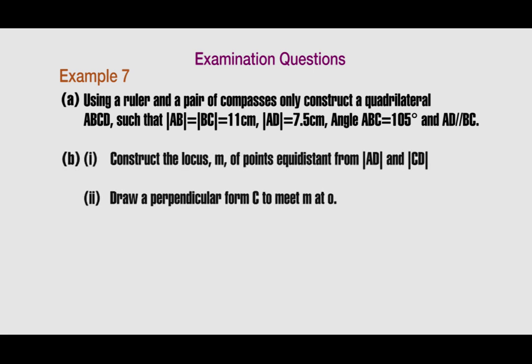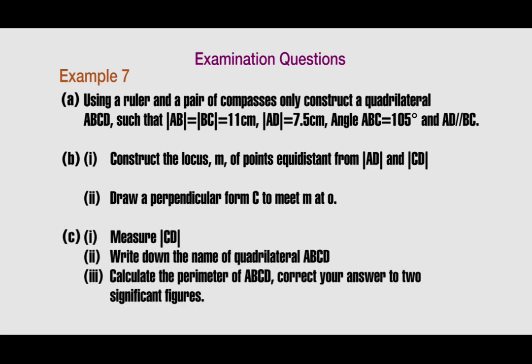A. Construct the locus M of points equidistant from the length AD and the length CD. II. Draw a perpendicular from C to meet M at O. B. I. Measure the length CD.